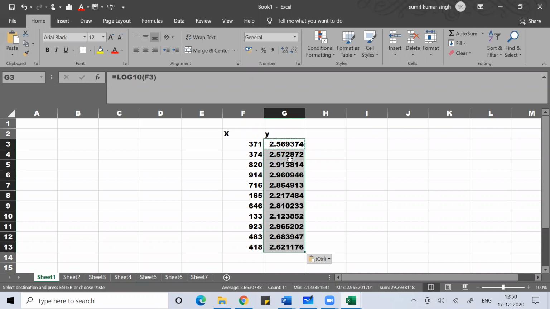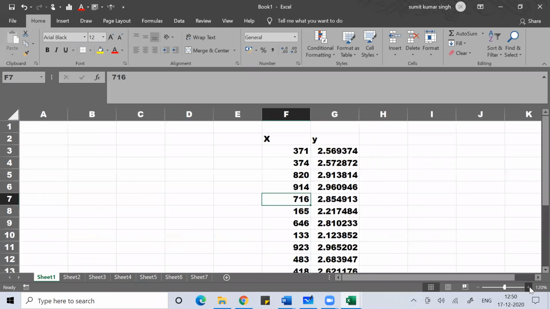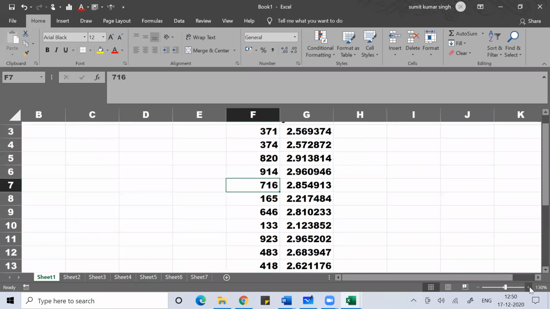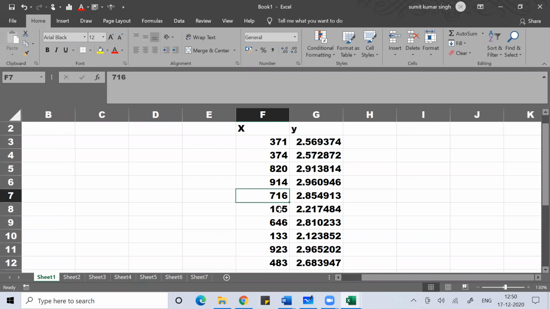You can see this value is 300. From 300 it becomes 800, from 800 it becomes 900, from 900 it becomes 700. See how much volatility there is, how much it goes up and down. But if you see the log value, its whole range is within 2. I hope you are getting the logic.